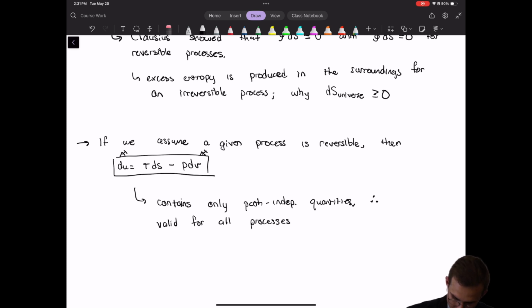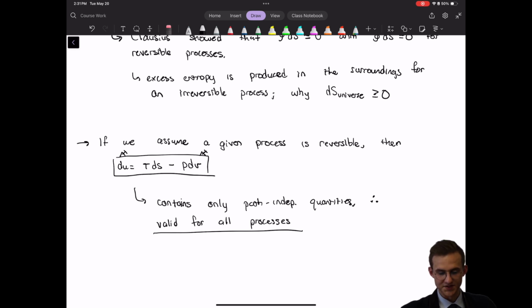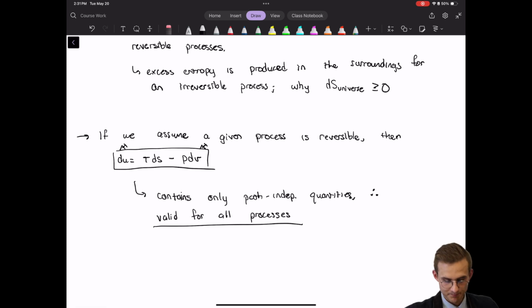That's what the three dots signify: therefore. Valid for all processes. Okay? So that's why it's such a useful, important equation. You can always use it.